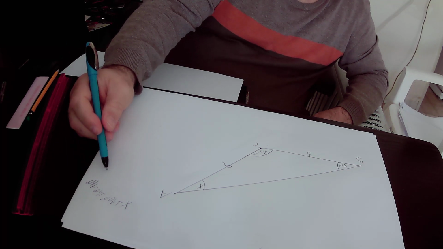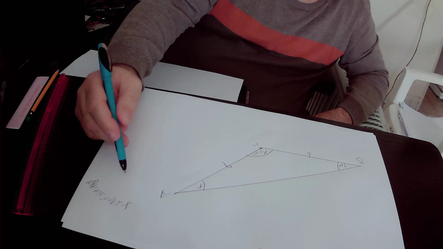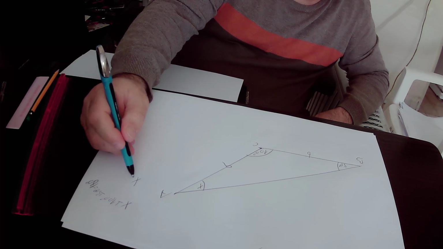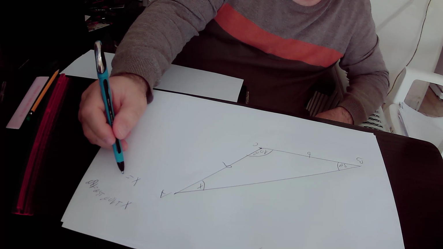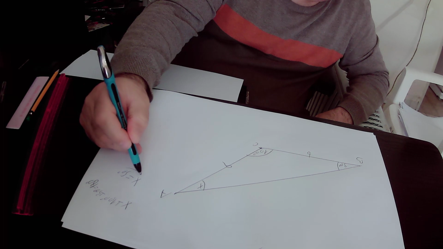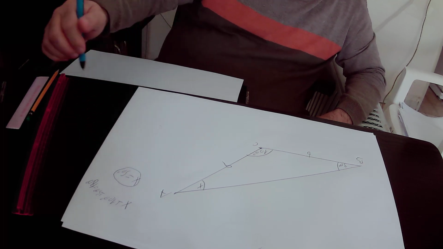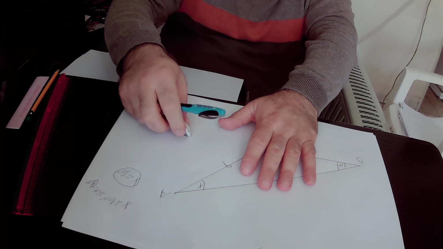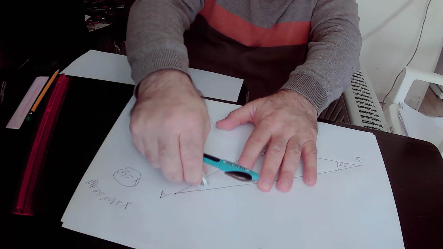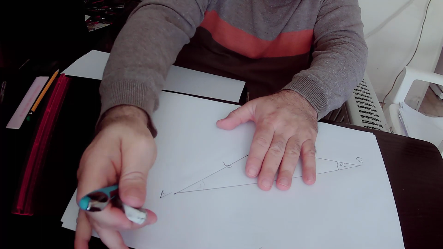Here we subtract 130 degrees, and we will get that angle X equals 180 degrees minus 130 degrees, which is equal to 50 degrees. So we found out that the value of angle X is 50 degrees. We will substitute angle X by 50 degrees.